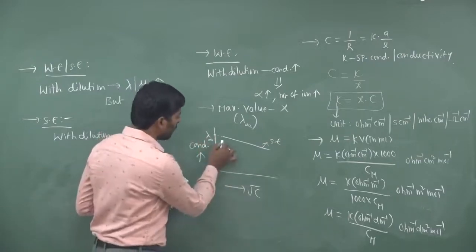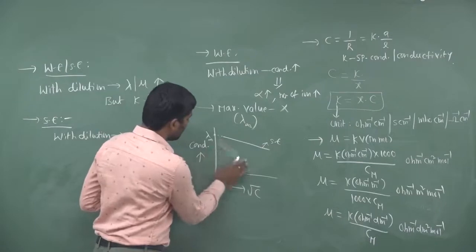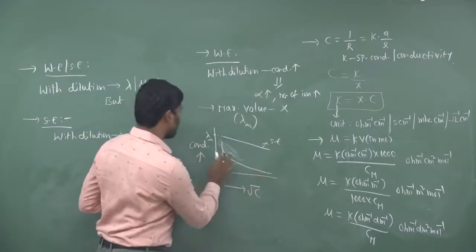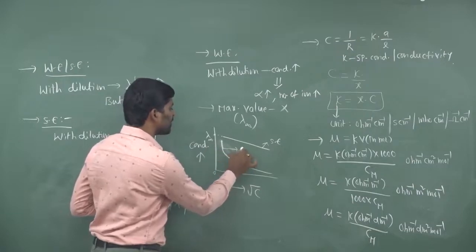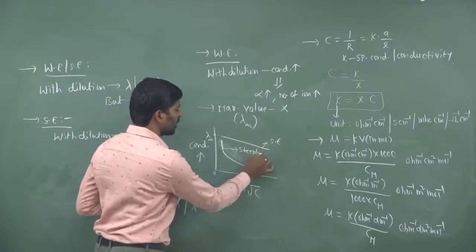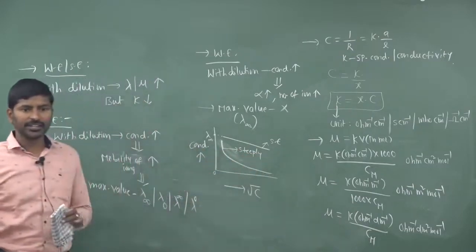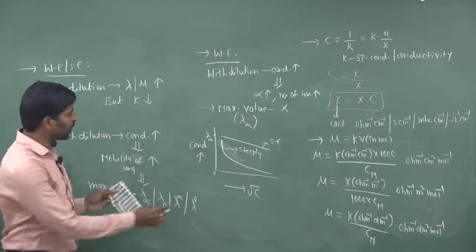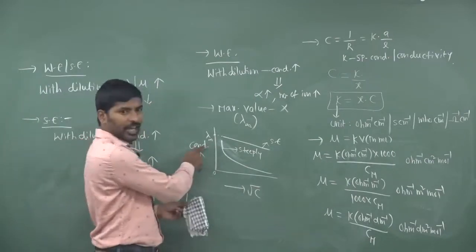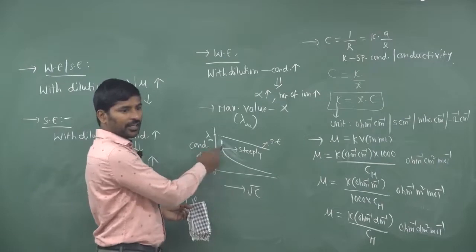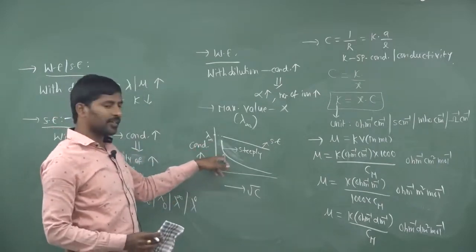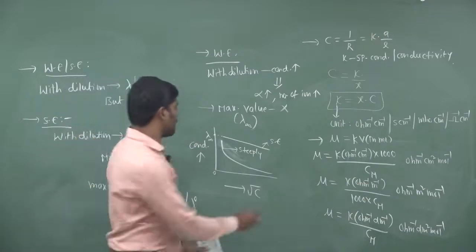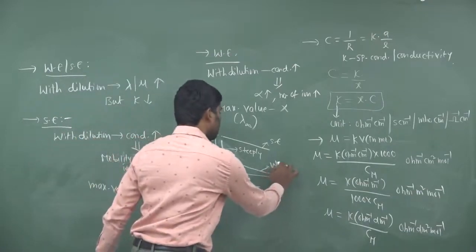But in the case of weak electrolytes, the conductance increases like this. At low concentrations, conductance increases steeply. Therefore, can we get lambda infinity by extrapolation? We cannot get lambda infinity by extrapolation. This is the case for weak electrolytes.